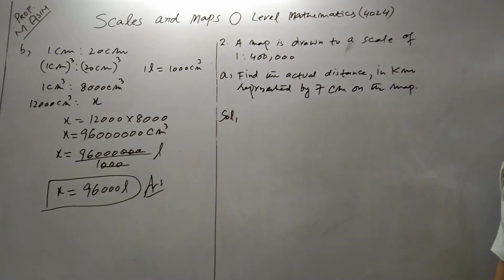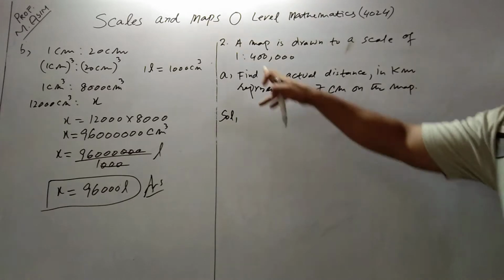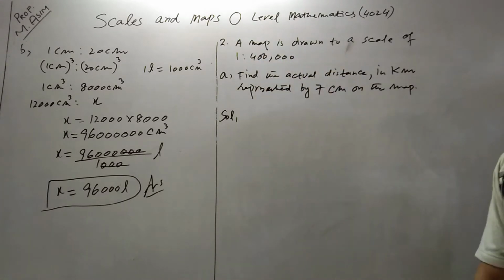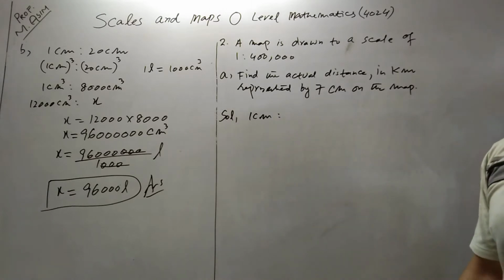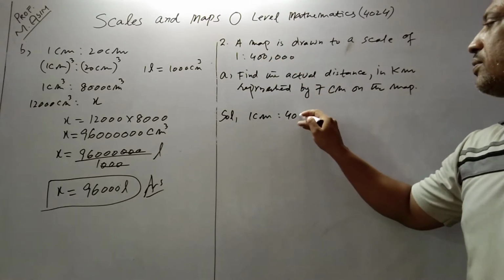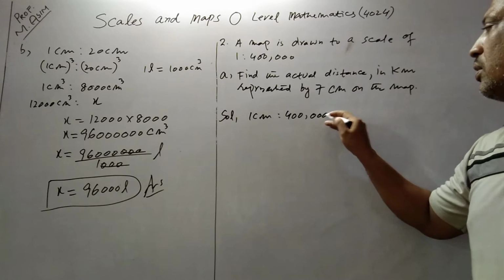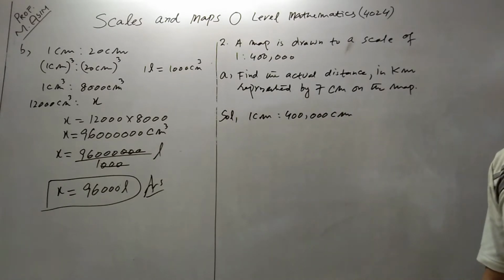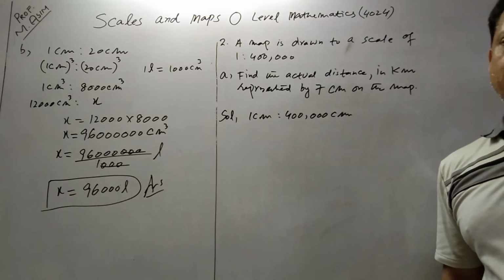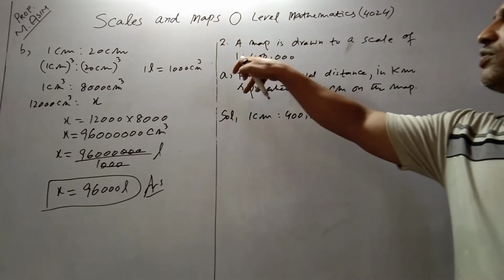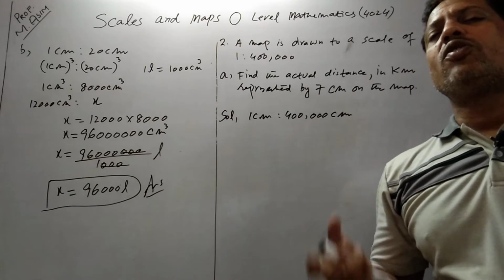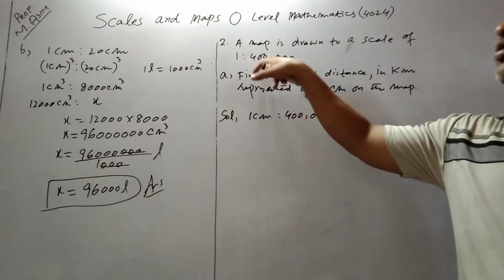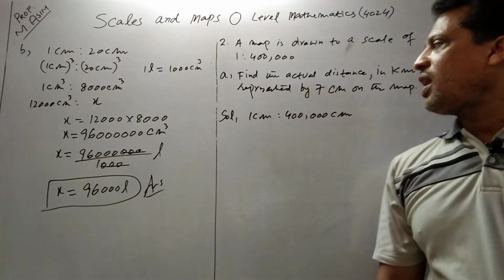Solution. Very easy part. Given a scale of 1:400,000 means 1 centimeter on the map represents 400,000 centimeter on its actual value. What I told you: whenever you see a value like 1 to something without a unit, you always say 1 centimeter represents something centimeter.